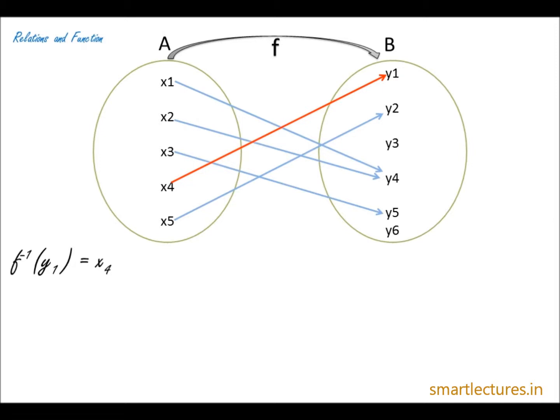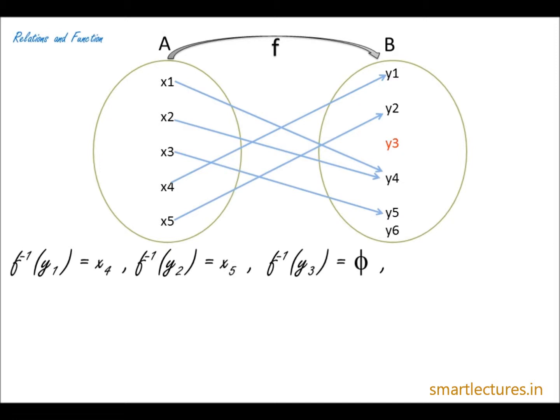Now f inverse y2 is equal to, y2 is the image of x5, so f inverse y2 is equal to x5. And now what's the inverse of element y3? You can see y3 is not associated to any element in set A. So that means it has no pre-image in set A. So that means f inverse y3 is equal to an empty set or phi.